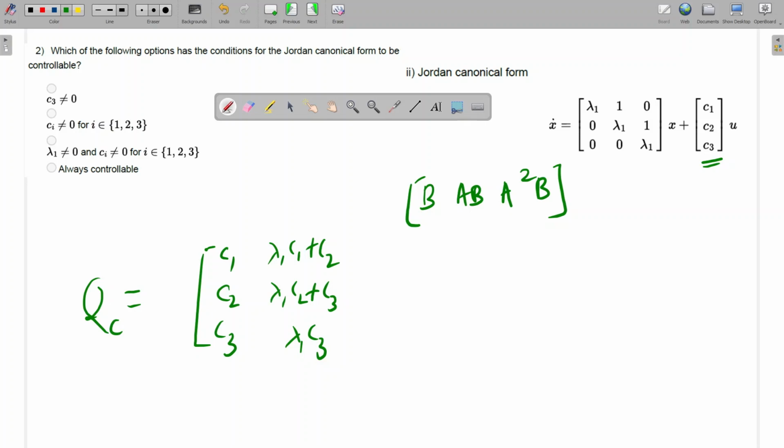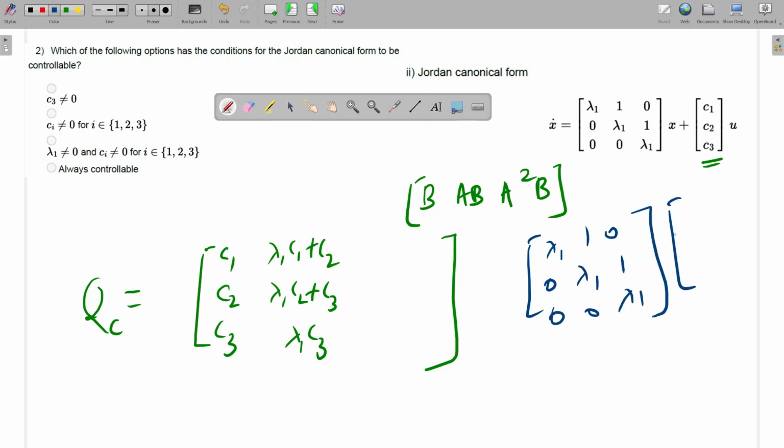And A square B: if you write it, we can write A square first, A into A. So what will be the A square value that I am going to calculate first? A is lambda 1, 1, 0; 0, lambda 1, 1; and 0, 0, lambda 1. Again I will write A: lambda 1, 1, 0; 0, lambda 1, 1; and 0, 0, lambda 1.